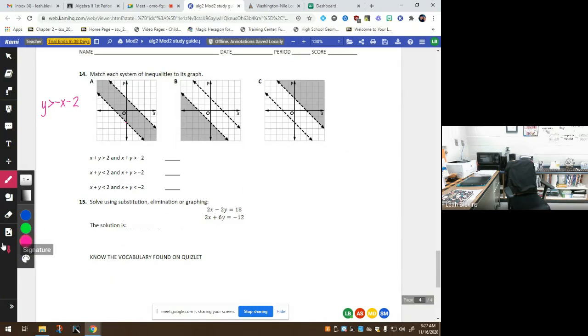I think it's easier to do that than to try to match personally. Now we've got to move the x to the other side so that it matches these answers. So x plus y is greater than -2. That's this line. Now let's look at this one. This one is a +2 and they shaded below it. So we know that it's going to be x plus y is less than 2.